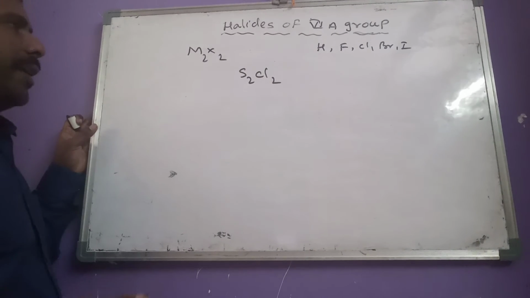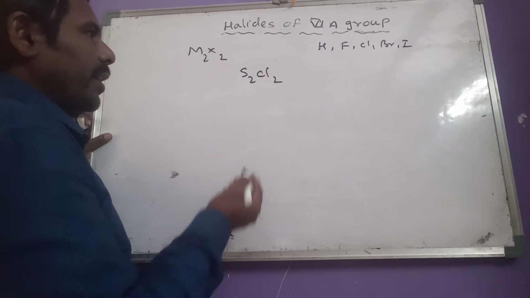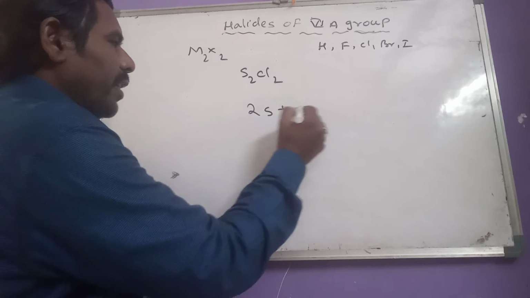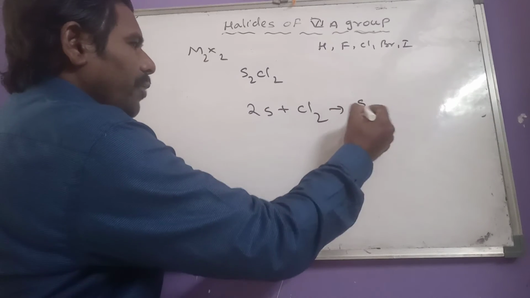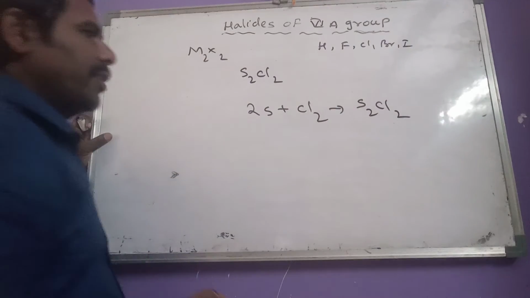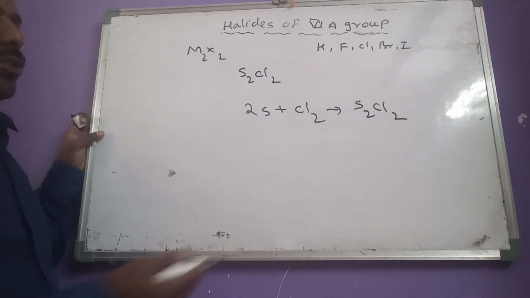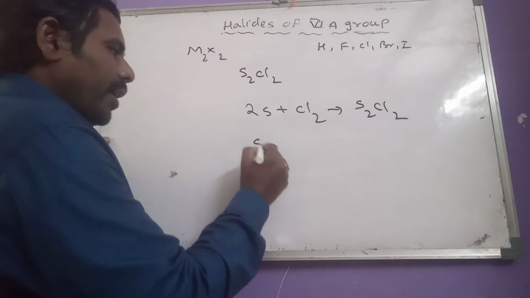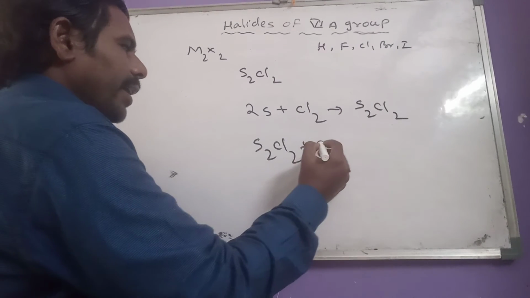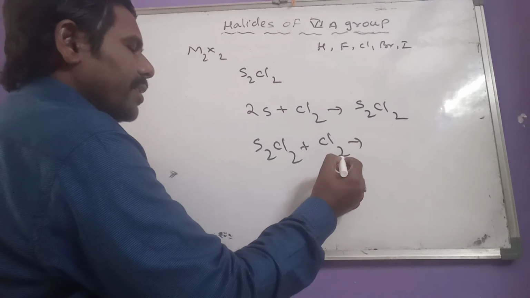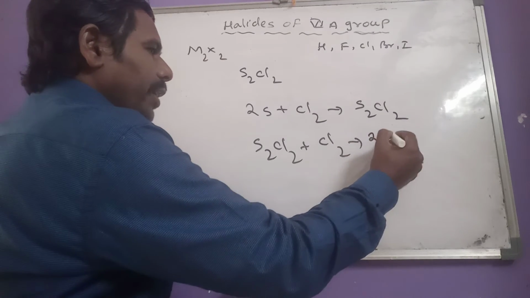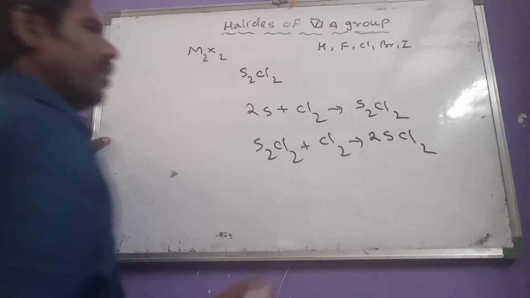Now one example of monohalides is S2Cl2. So how to prepare this S2Cl2? Here 2 sulfurs when treated with chlorine, we can get S2Cl2. And S2Cl2 again when treated with excess chlorine, we can get 2SCl2.